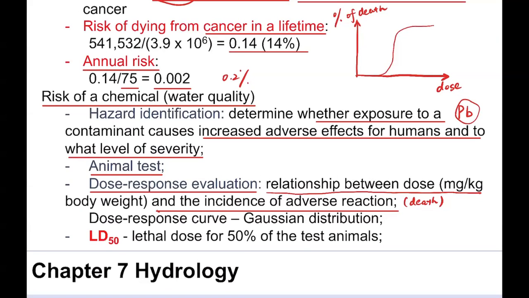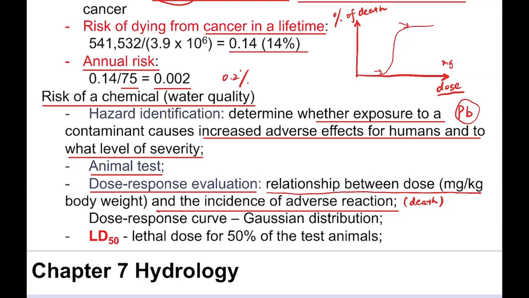There are some animals that do not have a very good tolerance for the lead, so they die at a small dose of the chemical. There are some animals that are quite healthy and can bear a higher amount of the dose, so they die at the larger dose here. In terms of dose, it's not directly shown as the mass of the chemical.